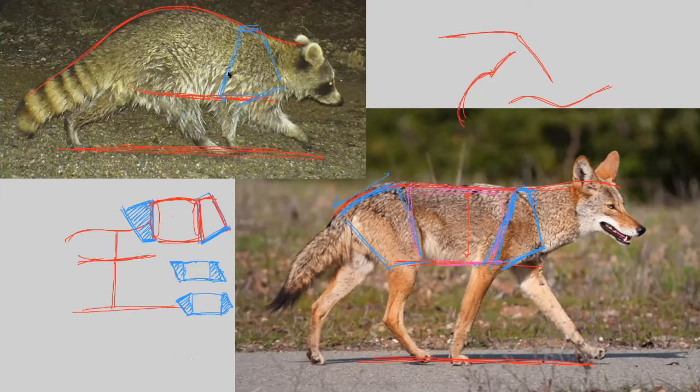So here's my front keystone. I have my back keystone. This one's taking a big step forward. So this back keystone is really angled forward. And then I have the middle of my body.